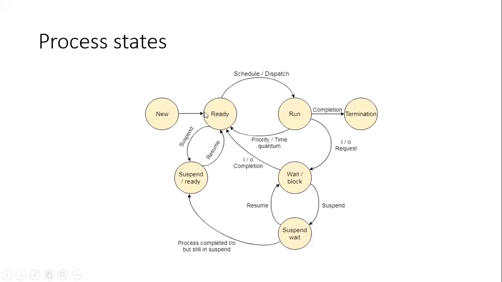So there is vast difference between secondary memory and main memory in terms of size. That is the reason why we need to have additional states over here, because of the main memory size issue. Okay, so that we will see in the upcoming minutes.